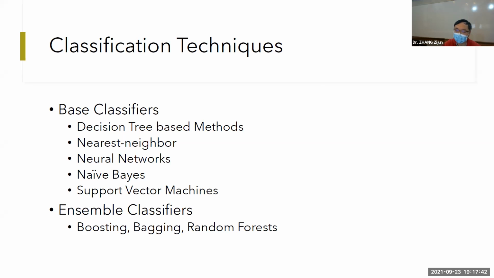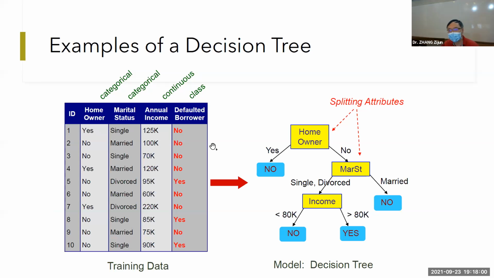So in this class, we will first start with some of the algorithms for developing base classifiers. We will first go with the very classical, very famous and most widely utilized classifier, which is called decision tree. Okay. So this is a slide showing an example of a decision tree.